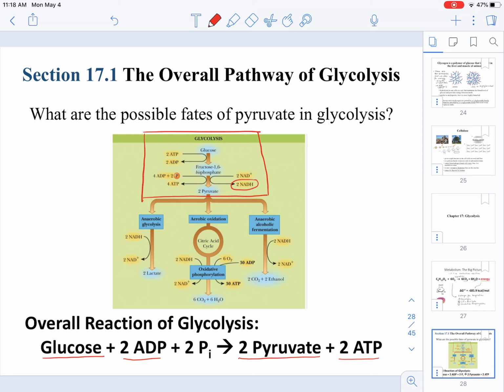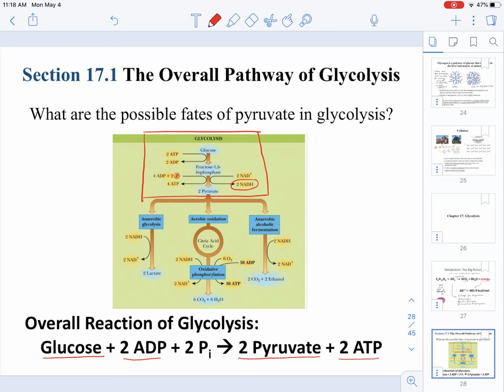And we're going to see in later chapters how NADH is involved in the process of oxidative phosphorylation in order to make energy. Now, there are possible fates of pyruvates after the process of glycolysis, and it all is going to depend on the availability of oxygen in the system.